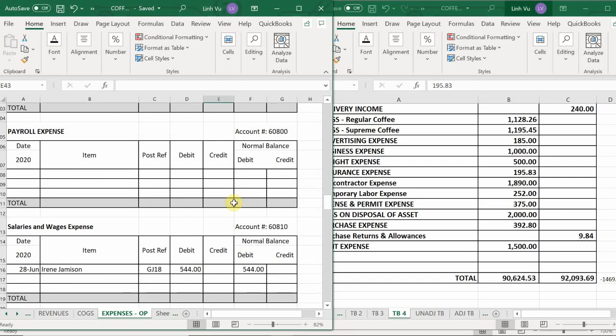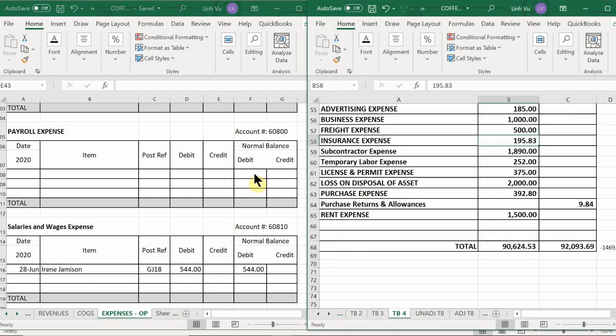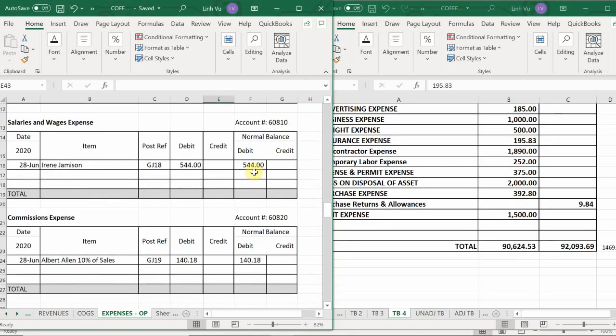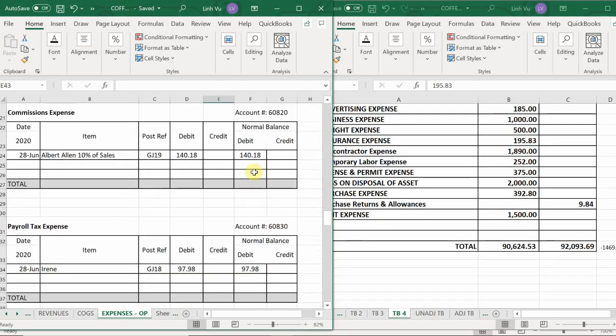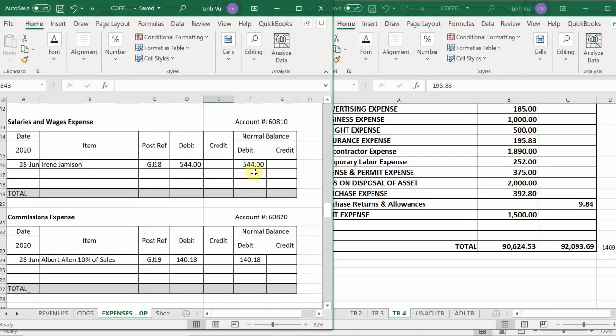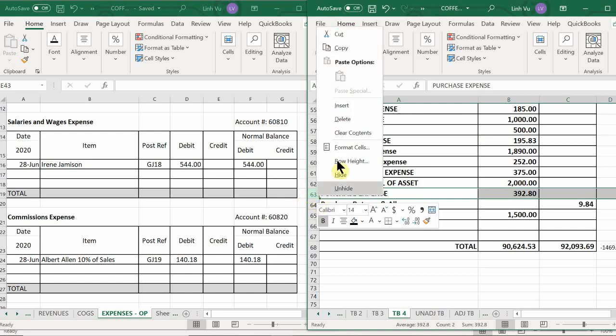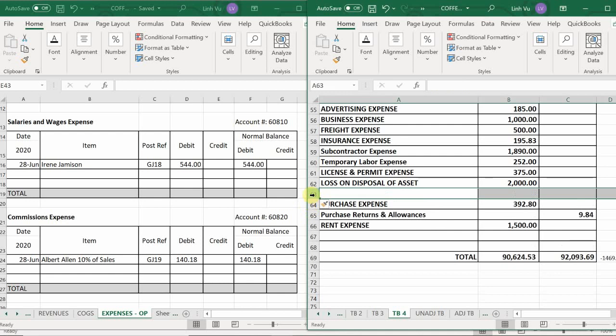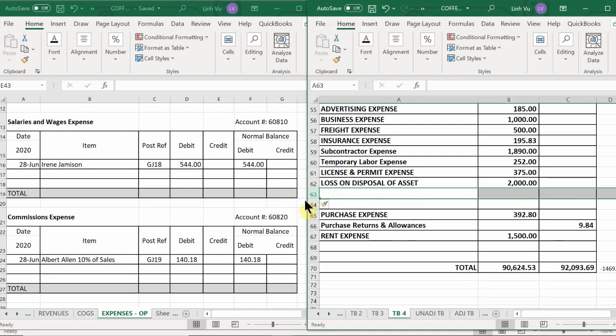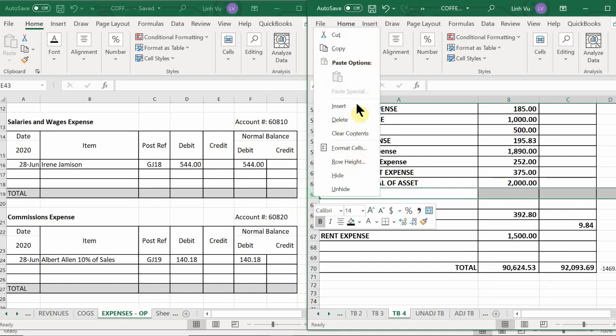Next one is payroll expense. So this is where I have to insert three more lines, okay? Because I need to make room for salaries and wages expense, commissions expense, and payroll tax expense. So let's put those in here once again. This is above purchase expense, right? So you're going to click on purchase, or in this case, row 63, and I'm going to go ahead and insert 1, 2, and 3.